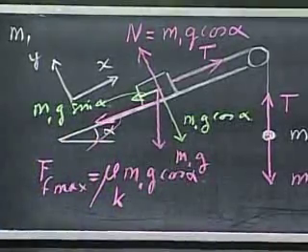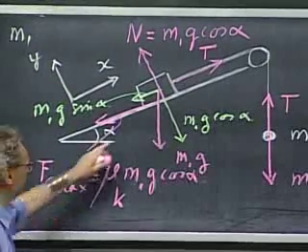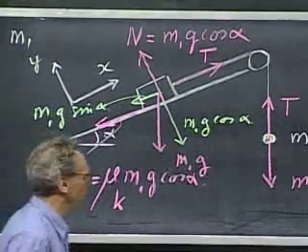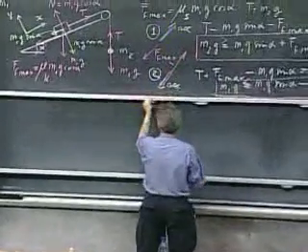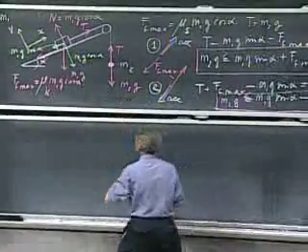It is moving, for sure, it's going to be accelerated, so the frictional force is in this direction, has this value. So let's write down now Newton's second law in the x direction.